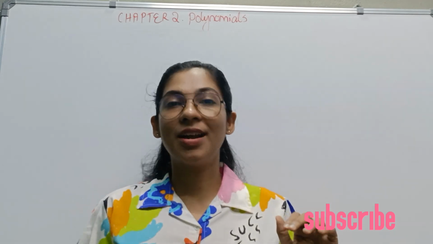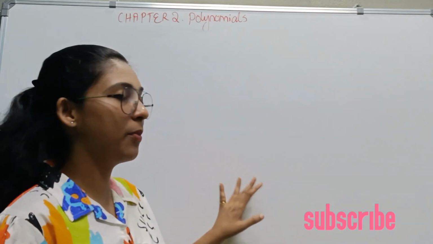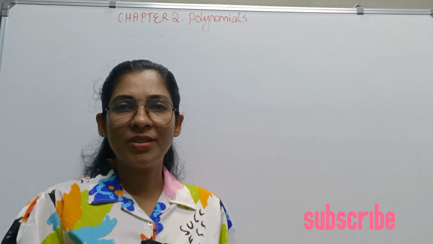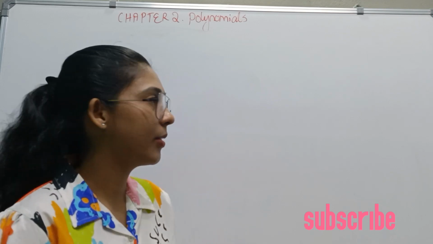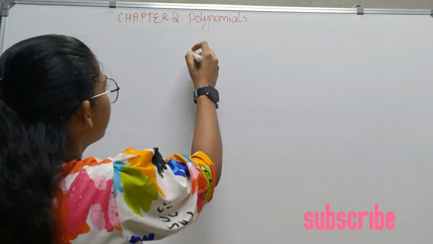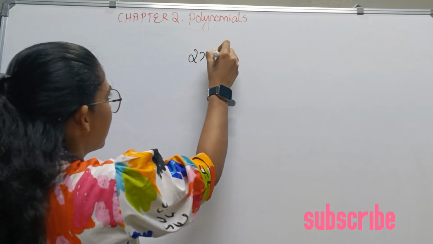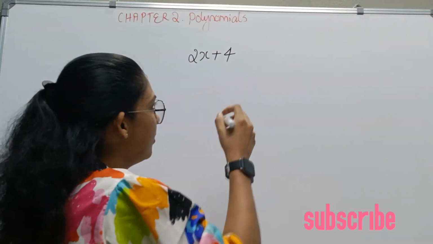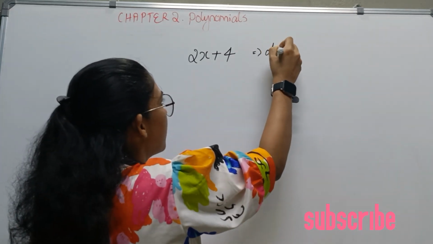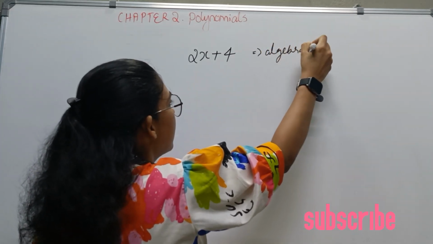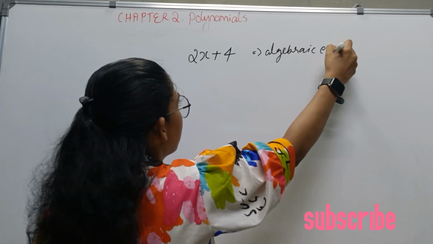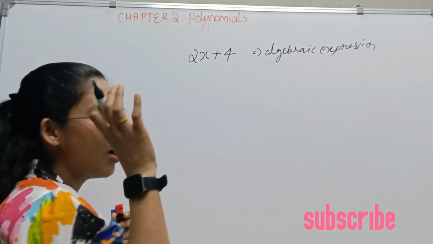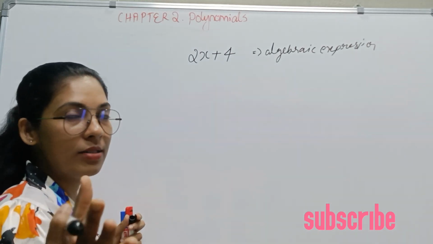So let us start our new chapter, that is polynomials. Let us recollect some important points from the previous year classes. Now here I am writing 2x plus 4. This is an algebraic expression. Why? Because it has both a variable part and a constant part.